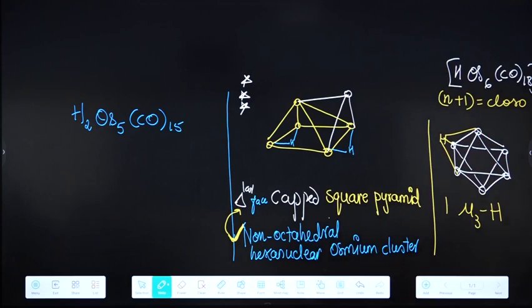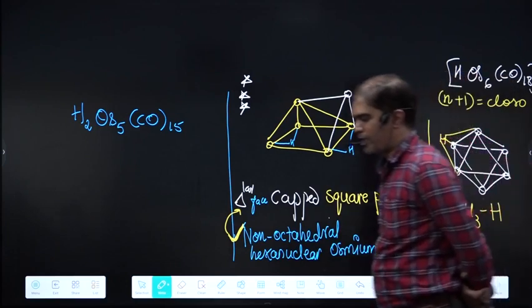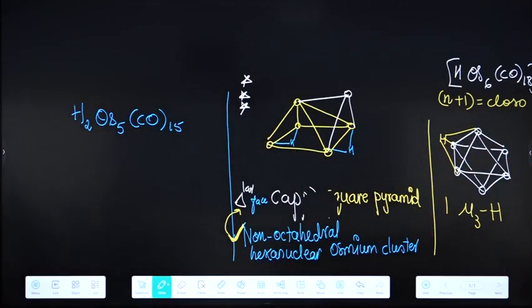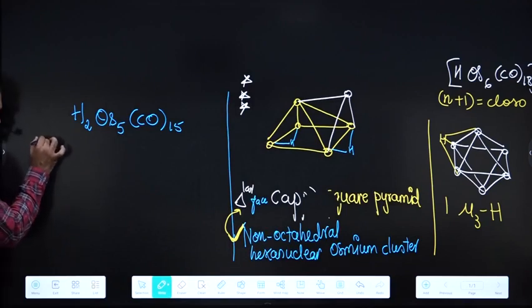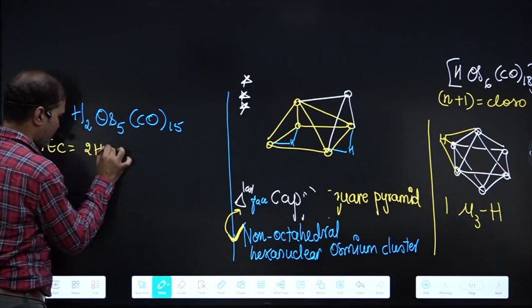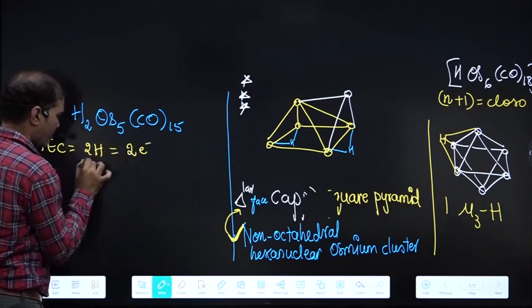Next structure, H2 osmium 5 CO15. First tell me what is the total electron count? 2 hydrogens.